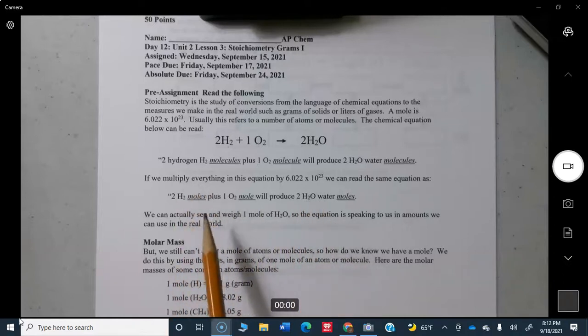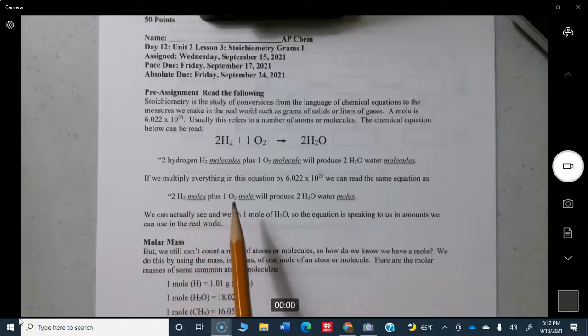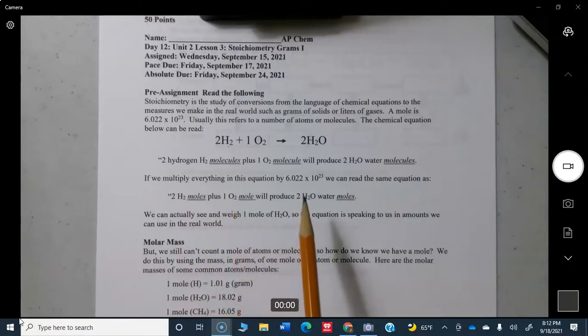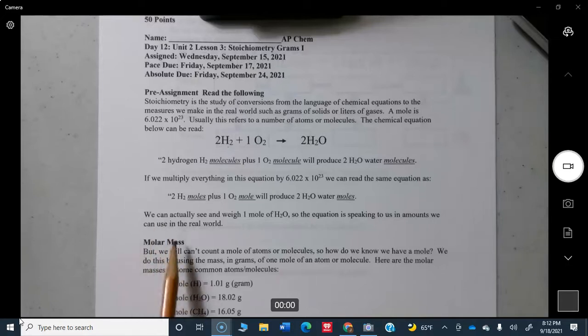So 2 times 6.022 times 10 to the 23rd plus 1 times 6.022 times 10 to the 23rd will produce 2 times 6.022 times 10 to the 23rd water molecules. So now we have big baskets of molecules that we can see and weigh. We can actually weigh 1 mole of H2O, so the equation is speaking to us in amounts that we can use in the real world.